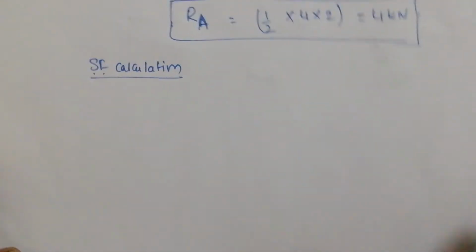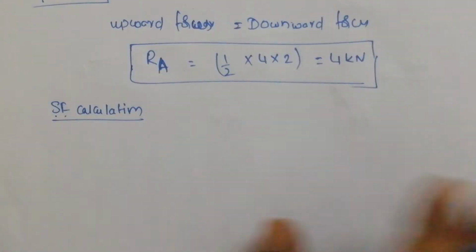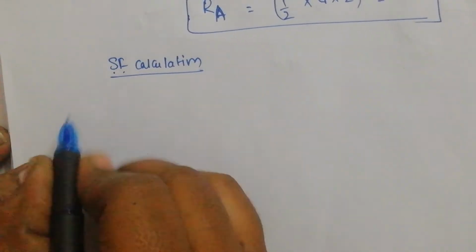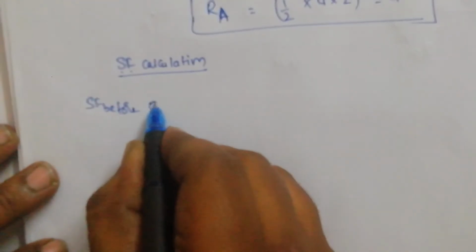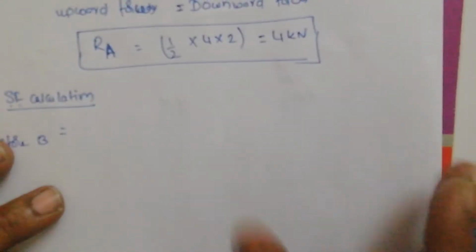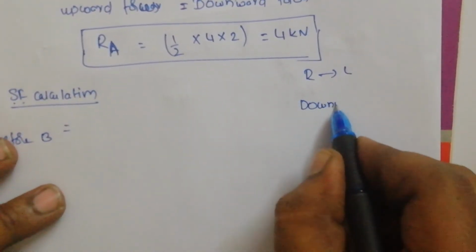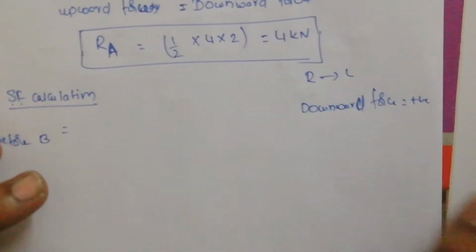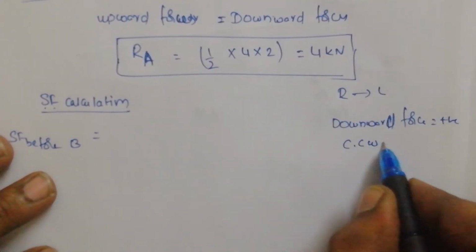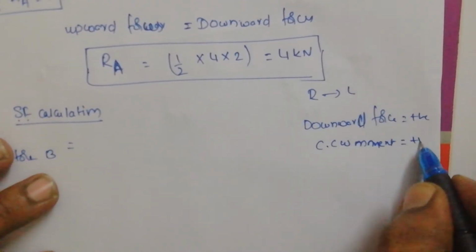We have two points in the diagram, point A and point B. Let us do the shear force calculation for point A and point B. First we have to write the shear force before point B. We are solving from the right corner, so I will write the sign convention again: when solving right to left, downward force is positive and CCW moment is positive.